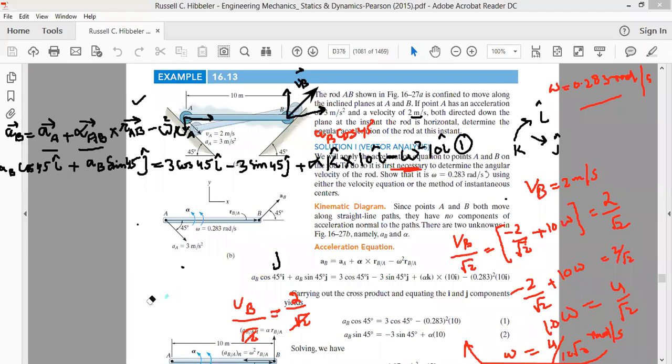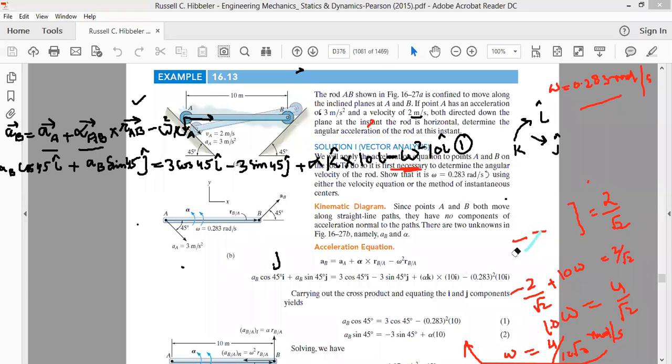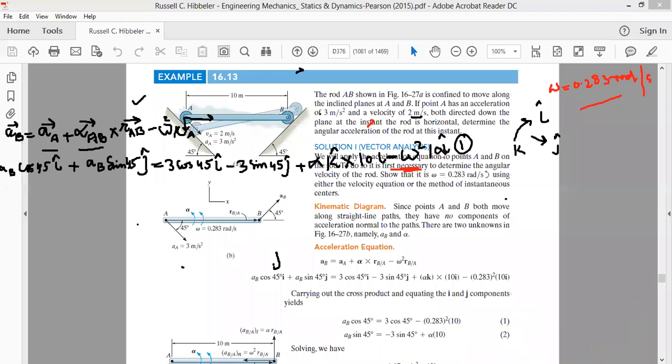We can write this as AB acceleration; cos 45 is under root 2, so it's AB by under root 2 I cap plus AB sine 45 is under root 2, so AB by under root 2 J cap, is equal to 3 by under root 2 I cap minus 3 by under root 2 J cap.